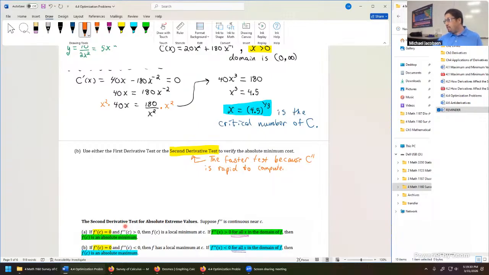And if we're looking for an absolute minimum, like this problem is asking for, we need to show that the second derivative is positive and that this holds for all x in the domain of f. So this would be for a local minimum, just positive at the critical number.